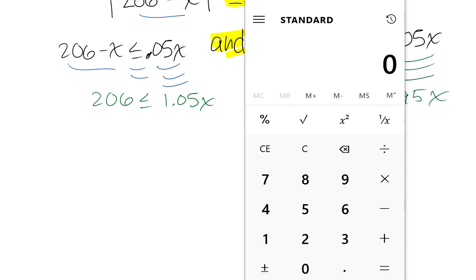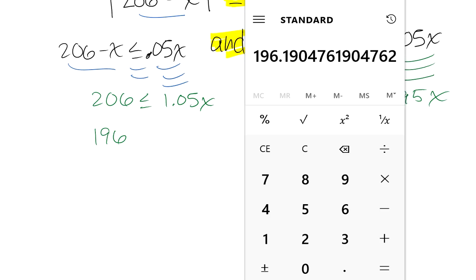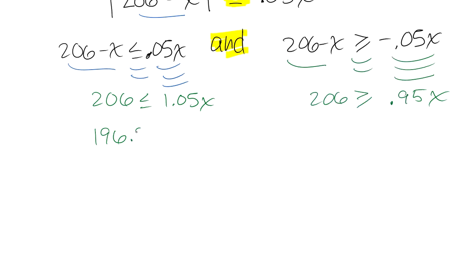So I need a little computational assistance here. Let's take the 206 and divide that by 1.05. And when we do that division, we get 196.2. This is awkward, because I don't like talking about these backwards.